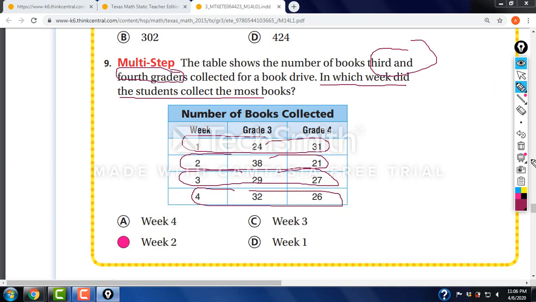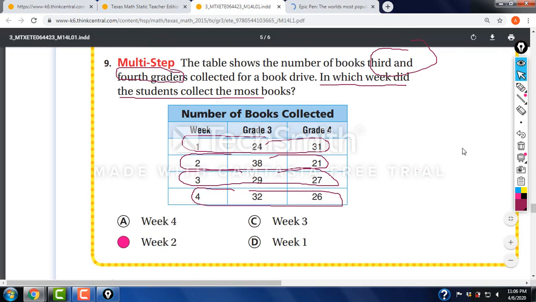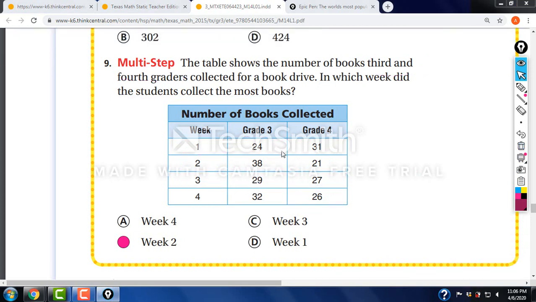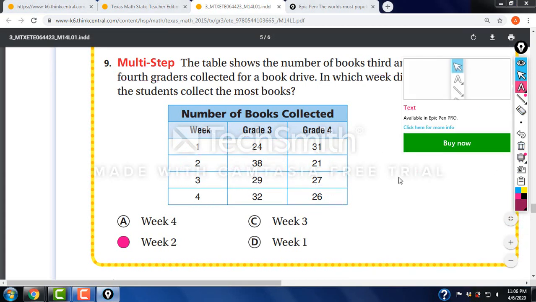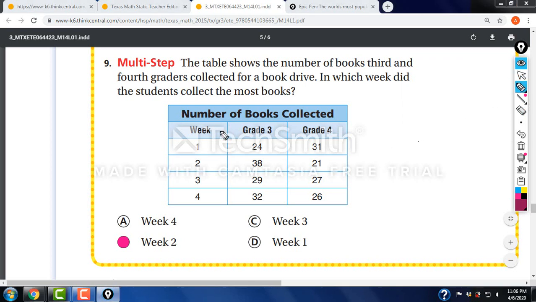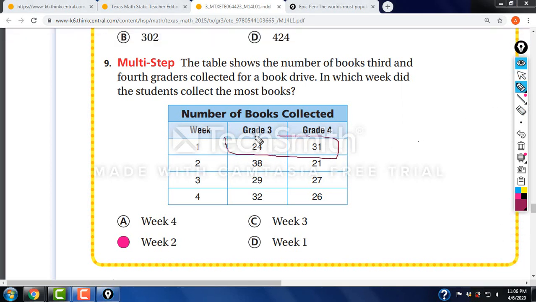The good thing about this is you already have your strip diagram right here. You add those, get your sum, add those, get your sum, add those, get your total sum. So this would have been 65.